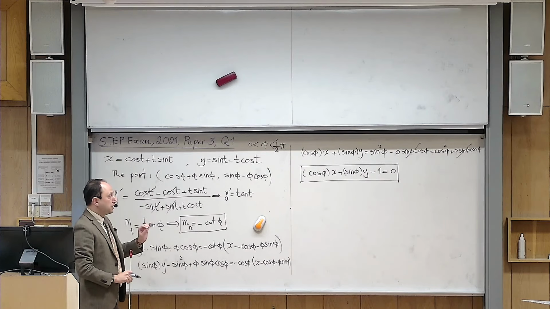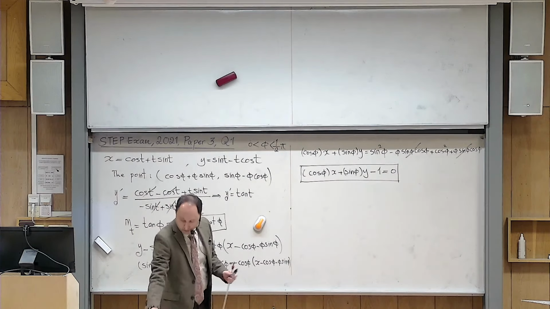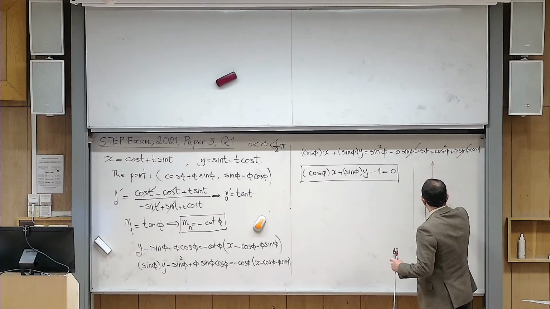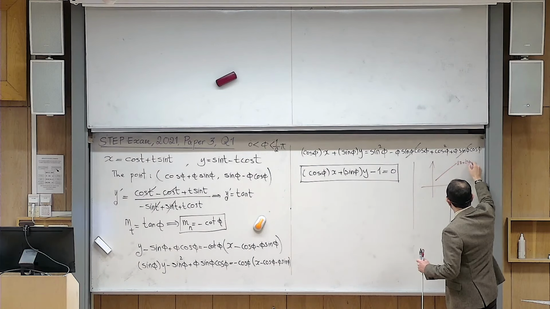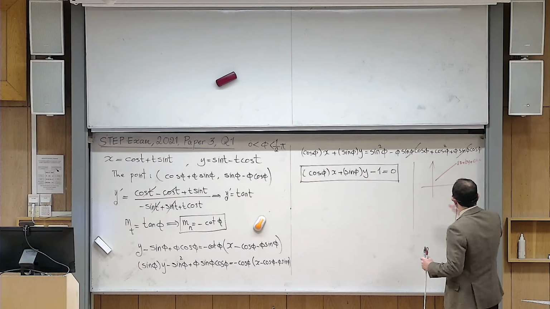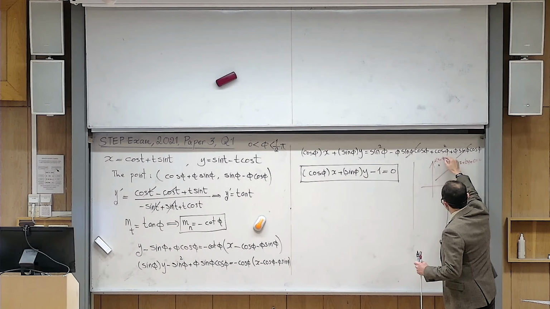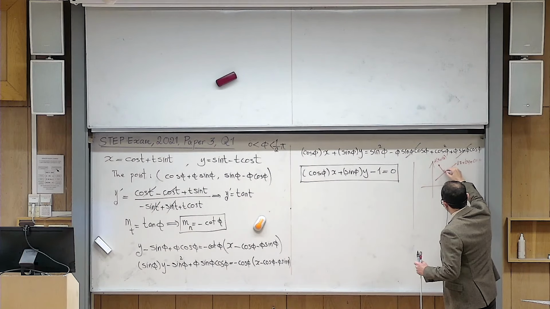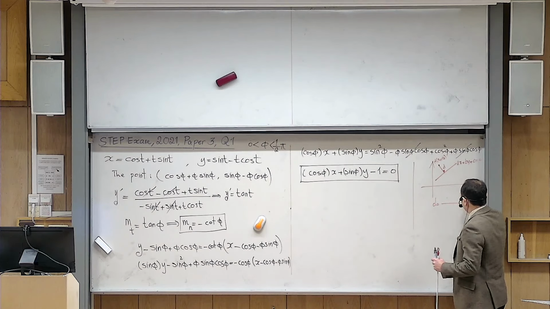Now, we want to find the distance from the origin to this line. Okay, so let me just refresh your memory. So if you have in the coordinate system, if this line has this equation ax plus by plus c equals to 0, and let us say that this point A has coordinates x node and y node, if you want to find the shortest distance, this perpendicular line, if you don't mind, let me call it d for distance, then you have this formula.